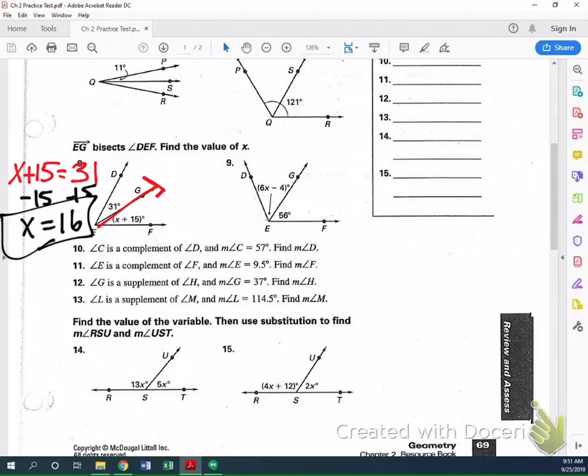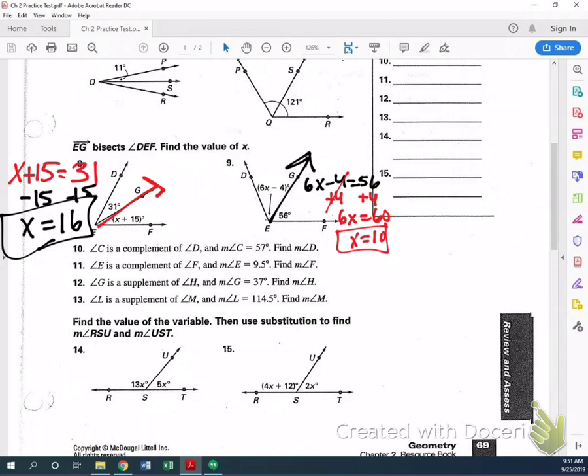Good. Same thing, number 9. We're being bisected, so I can set these equal. When you solve for x, you get 10. Very good.